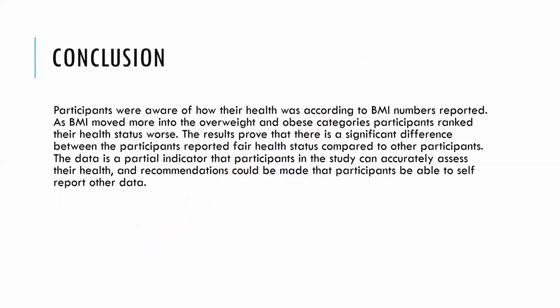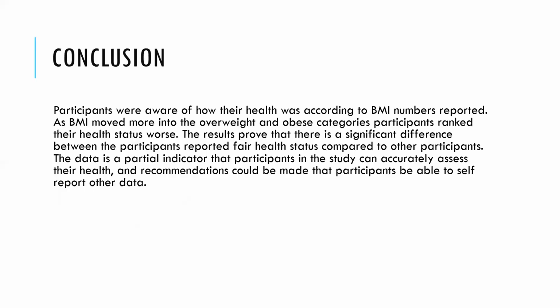For the conclusion, I said that participants were aware of how their health was according to the BMI numbers reported. As BMI moved from healthy weight into overweight and obese categories, participants ranked their health status as worse.